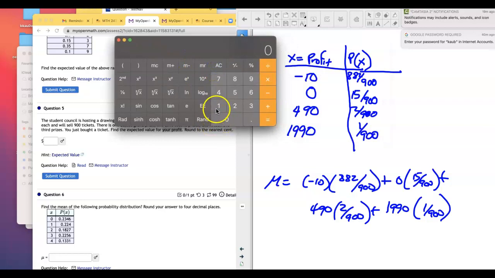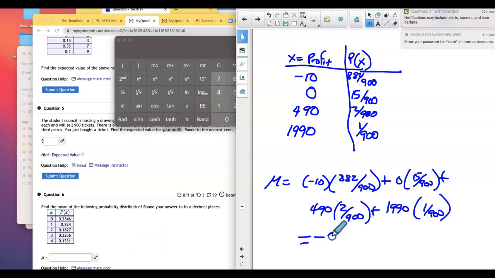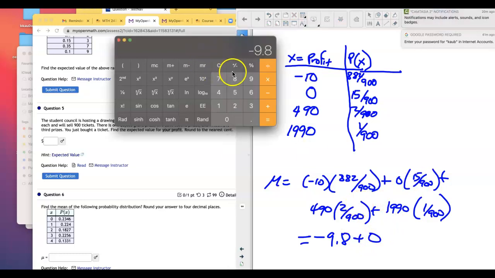All right, so we have negative 10 times 882 divided by 900. That's negative 9.8. So we're going to put equals down here, negative 9.8. I know that this one's 0, so the second one is 0. And then the next one is 490 times 2 divided by 900.